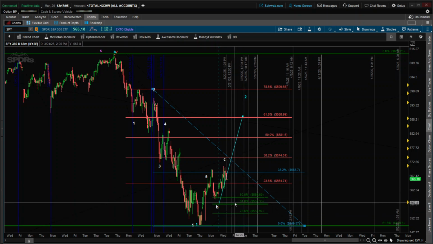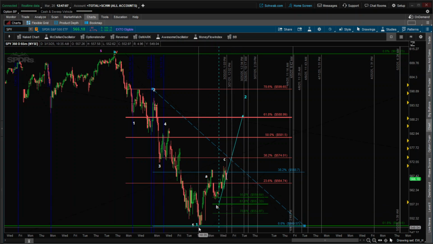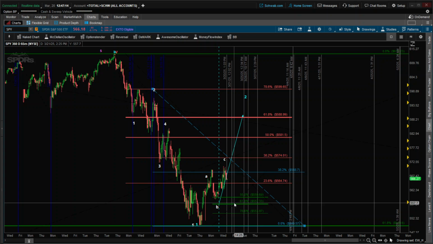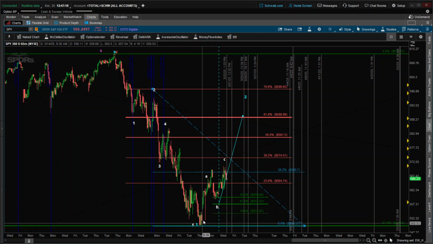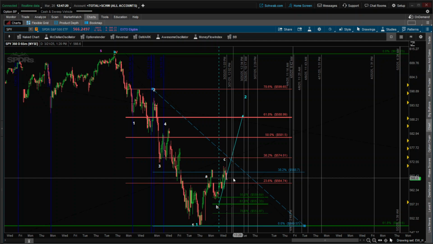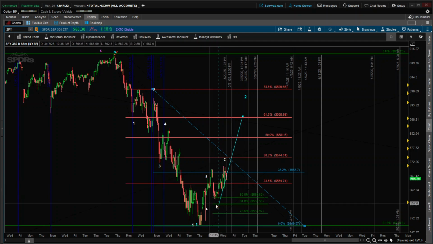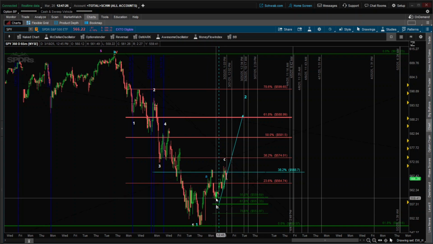There's still a possibility that all of this is maybe one move, a leading diagonal, and we have a 62% retracement. So it's not all lost for the bulls, but the momentum certainly is lost at that point. Okay, so you'd be looking for an A, B, C, and done, right?